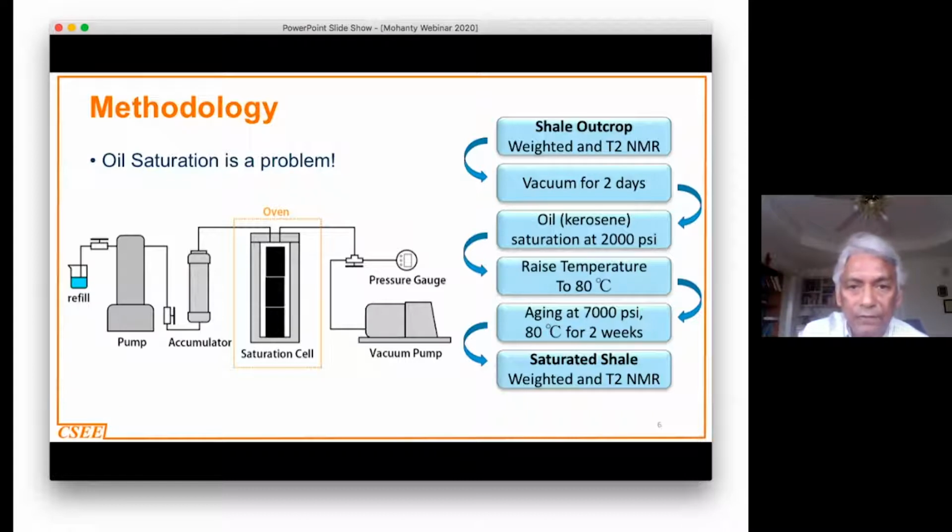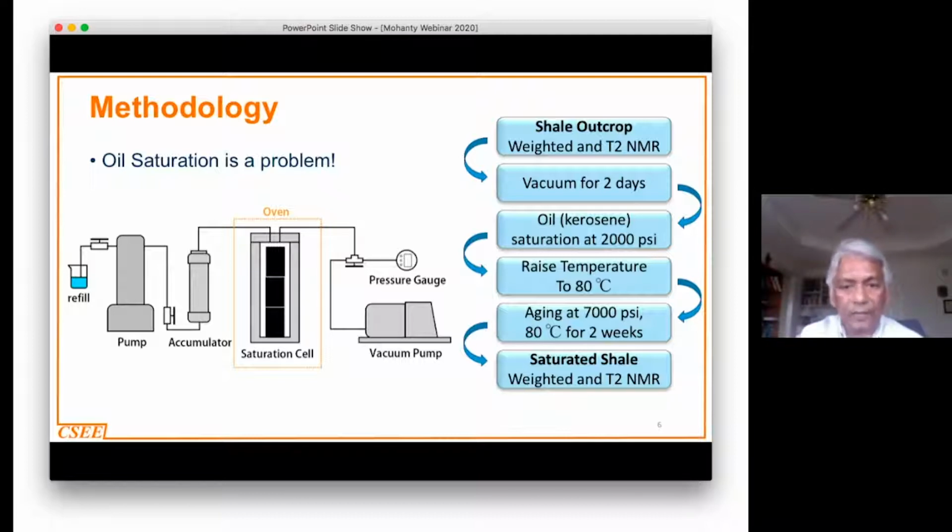So what we do, we vacuum the core samples for a couple of days. Then we put these cores into a pressure cell, surround them with oil, and pressurize it to about 2000 psi. Then we raise the temperature to about 80 degrees Celsius. As the temperature increases, the oil expands and tries to go into the pores, so the pressure actually goes up to about 7000 psi.